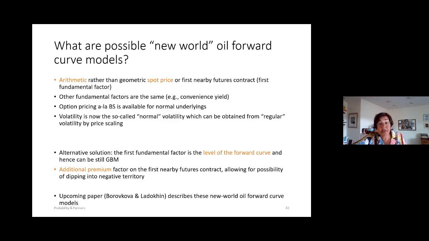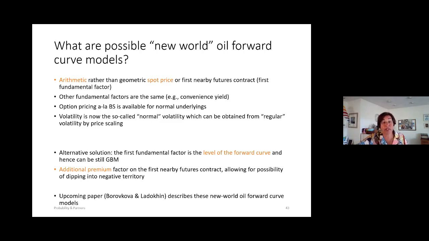And then you can add an additional factor to your model only on the first nearby futures contract, which is, by the way, something that we have already done several times because of many different features that the first nearby contract has that other contracts do not have. And that premium factor on the first contract will allow it to dip into negative territory.